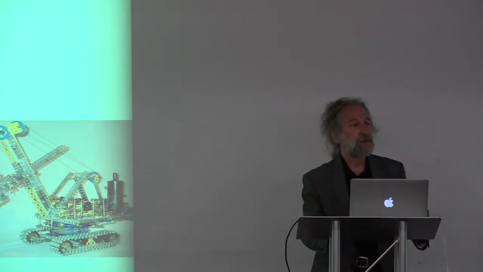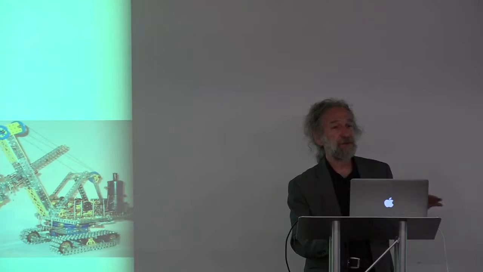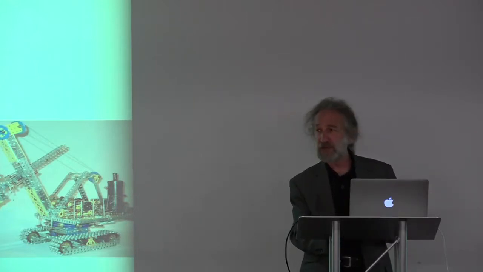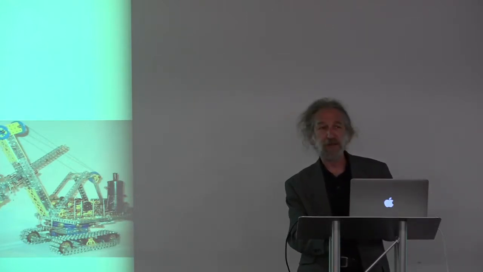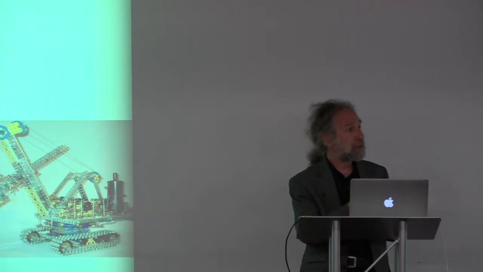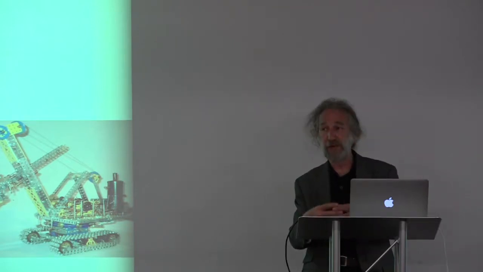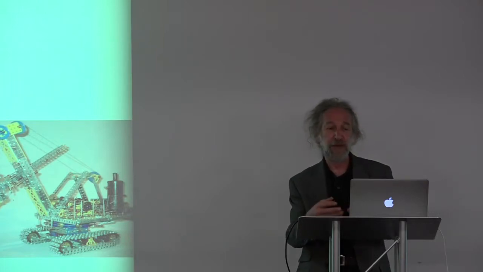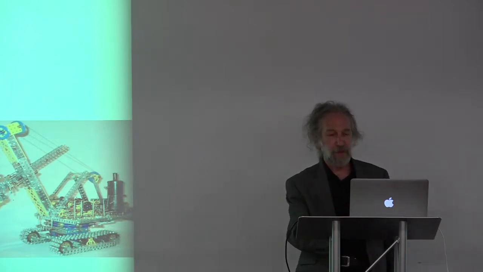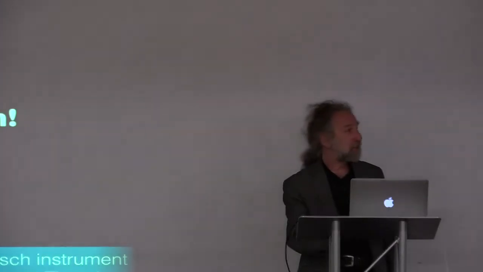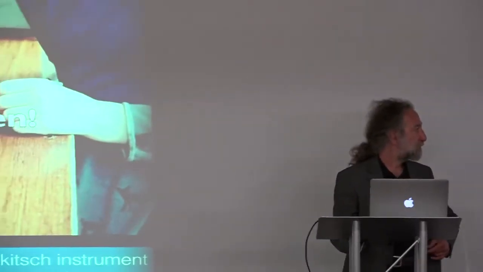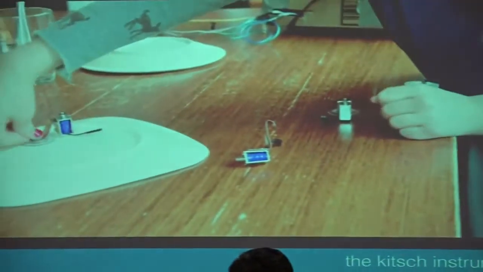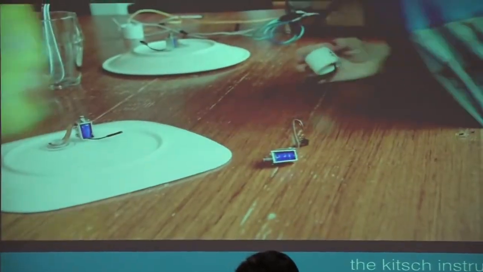So the next set of images and videos have to do with construction kits, things that try to provide a well-engineered set of materials and behaviors and structures that you can put together to make things that you might care about. So this one's about music. It's called the kitsch instrument, or kitchen instrument.